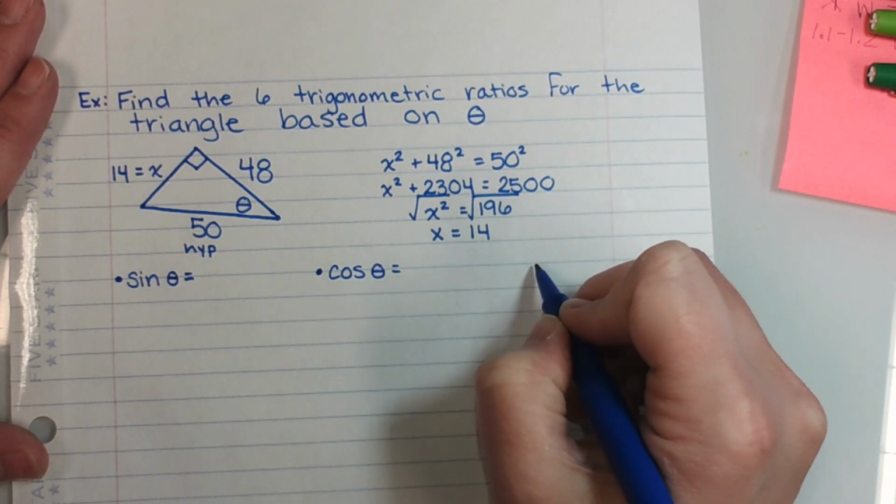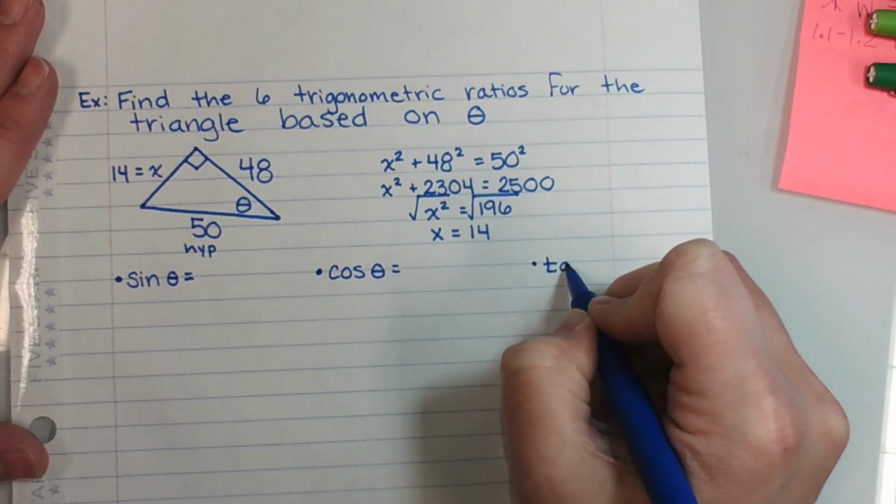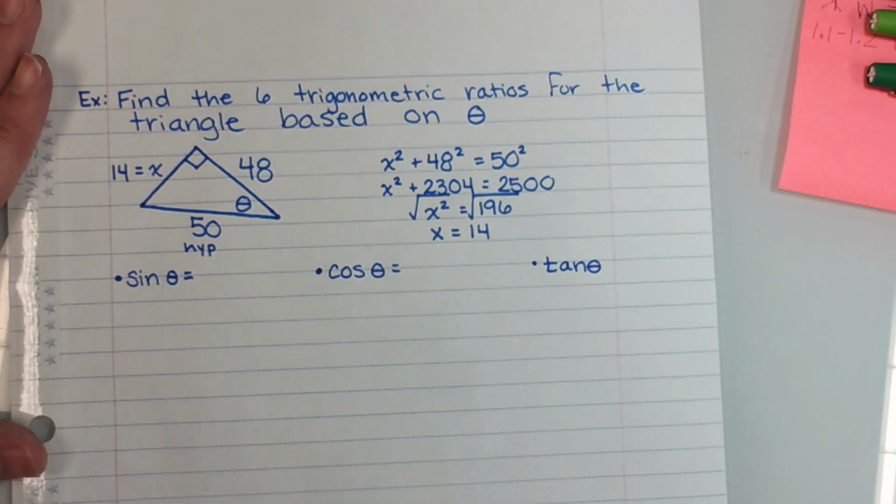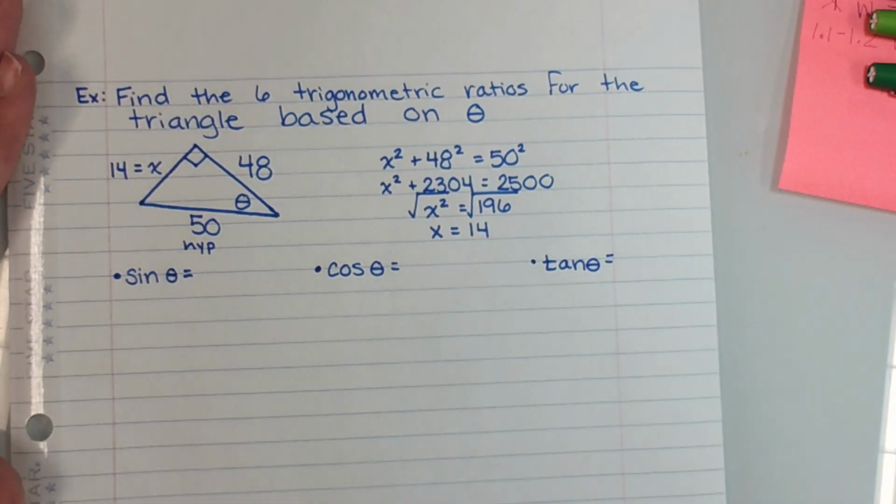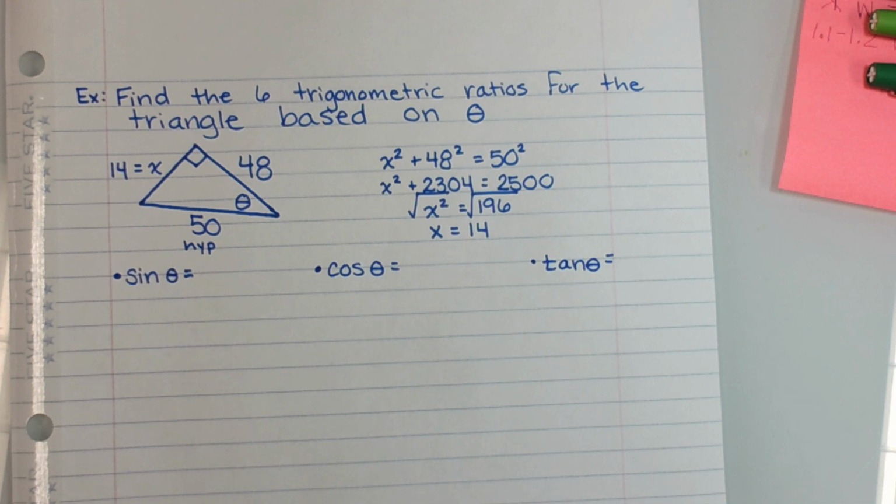Cosine theta, tangent theta. I start with my SOHCAHTOA. In order to do SOHCAHTOA trig, though, I need to recognize not only hypotenuse, but the opposite and the adjacent. Which side of this triangle is the opposite?